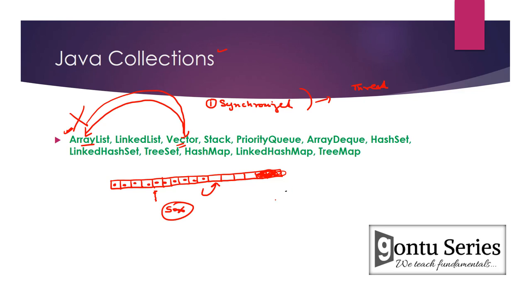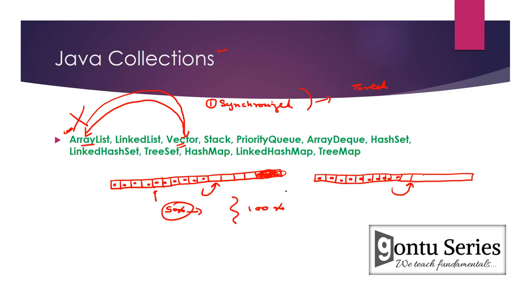Now in the case of a vector, what happens? The 50% we observed in the ArrayList is exactly 100% in a vector. That's it, nothing more. If you have a vector with space for 10 elements, 1 through 10, and you fill up all the spaces and try to add one more element, then behind the scenes the JDK is going to increment the capacity of the vector by 100%.